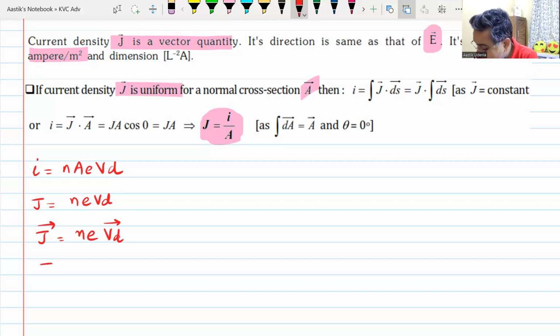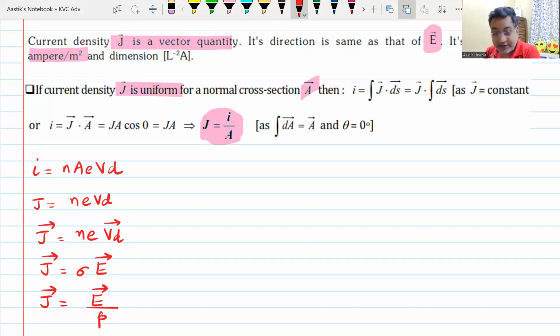The other way in which I can write this current density is as sigma multiplied by E vector. E is the applied electric field. What is sigma? Sigma is the conductivity. Or I can also write J vector as E vector divided by rho.